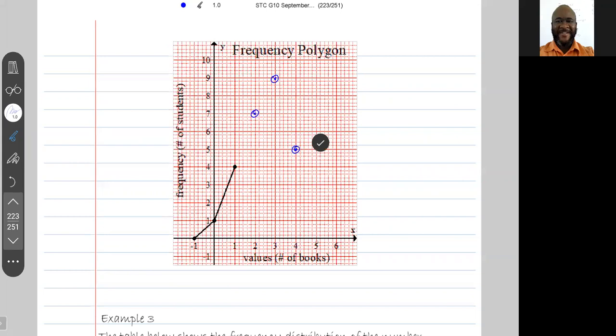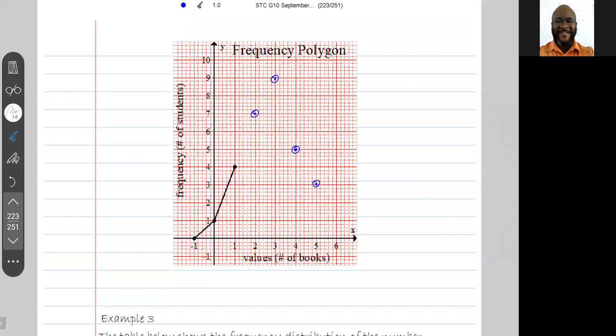And 5, 3. So when we plot, these are the points to plot for our frequency polygon.